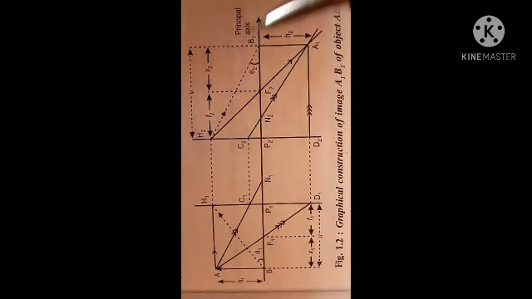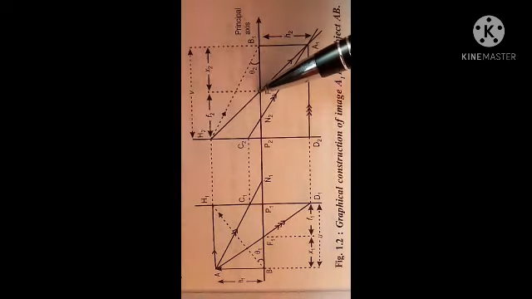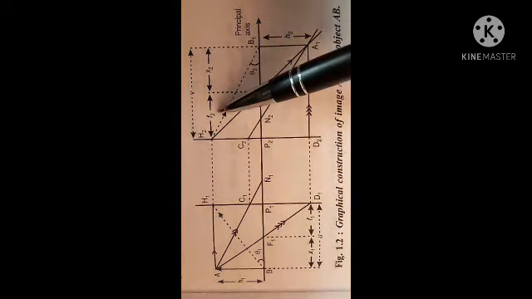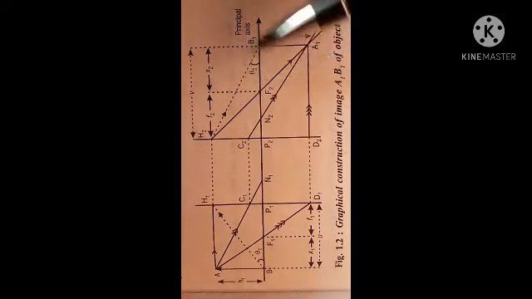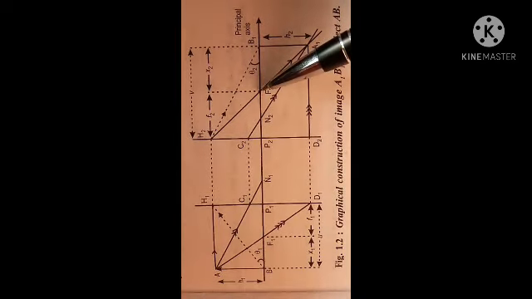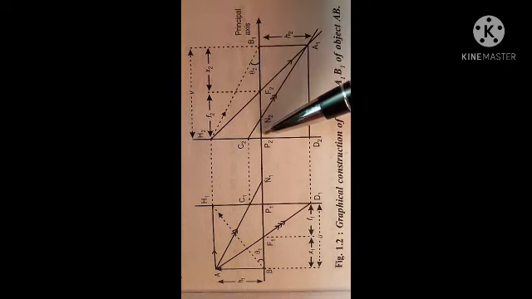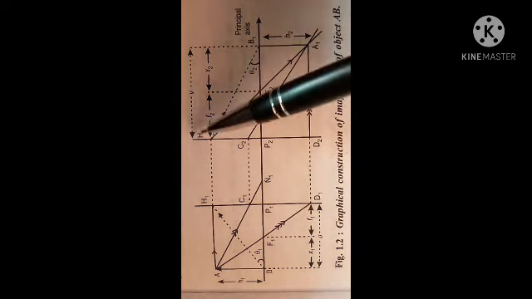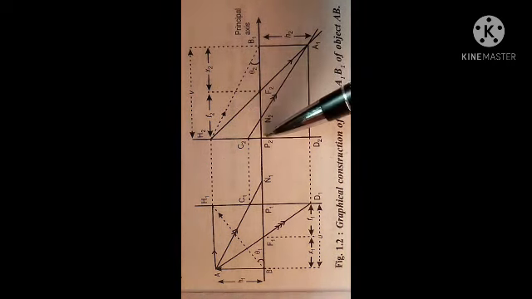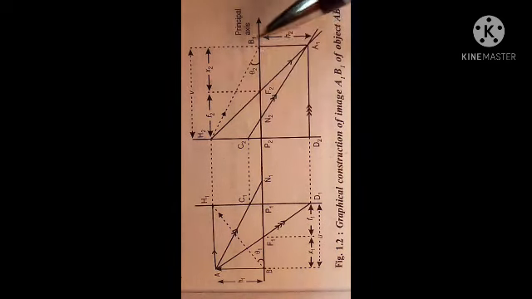Also the distance P2 F2 is equal to the second focal length f2. Distance F2 B1 is x2, and the distance of the image from the second principal plane, P2 B1, is equal to phi.